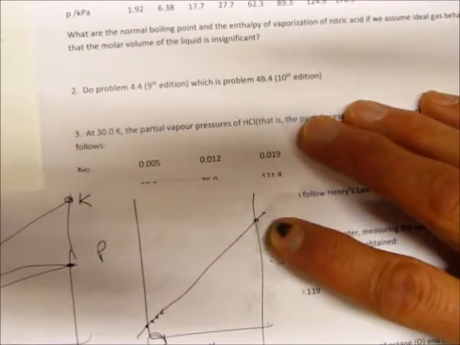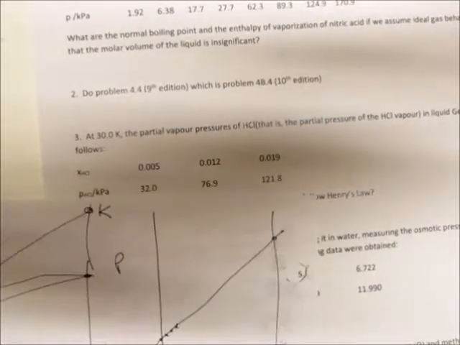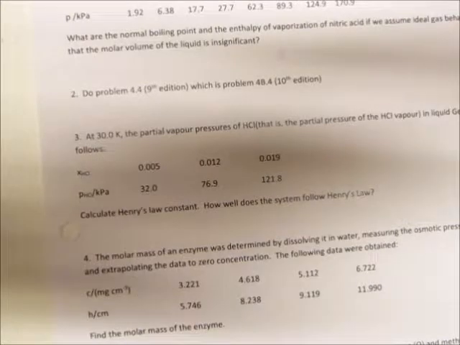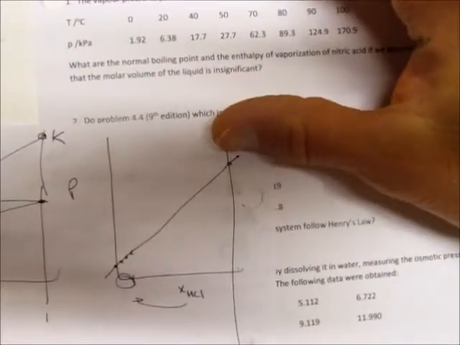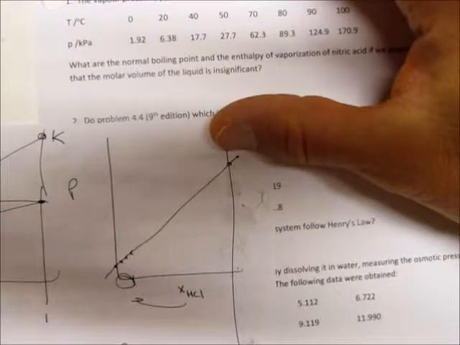And when the, let's think about it, it's the slope. So that's how this is going to work. The partial pressure of HCl will equal the mole fraction of HCl times Henry's constant of HCl.